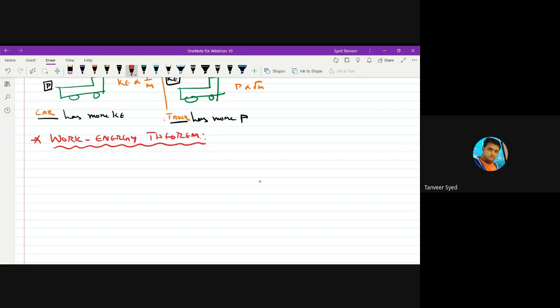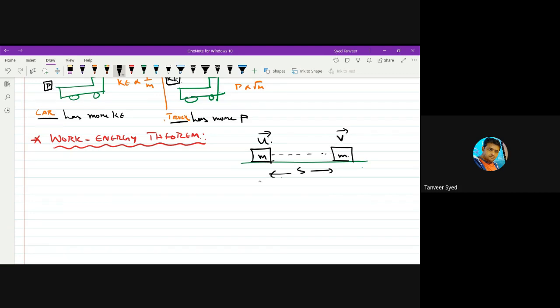What is this? As the name says, it gives us the relation between work and energy. What is the actual relationship between work and energy? Let us take a body of mass m, which is moving with some initial velocity u. It covers a displacement s, and say its velocity becomes v here.